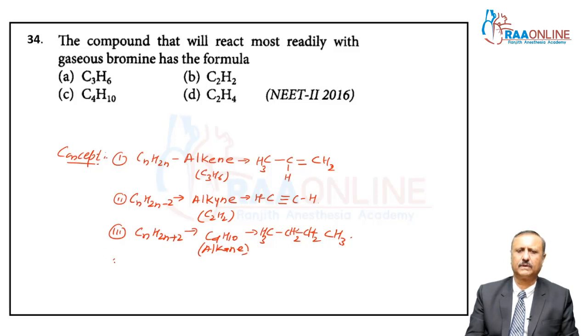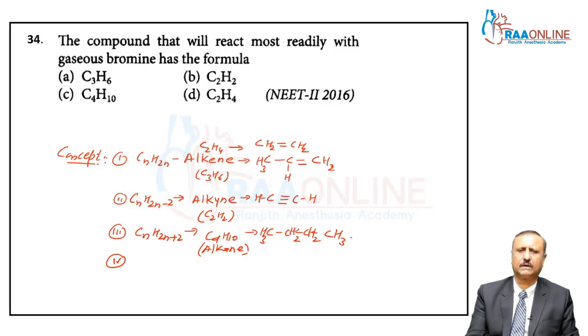Now when we go to the fourth example, it is called C2H4. C2H4 is an example of an alkene. Now we can draw this C2H4, that is CH2 double bond CH2. So my dear students, here 3 types of hydrocarbons are present: alkane, alkene and alkyne.